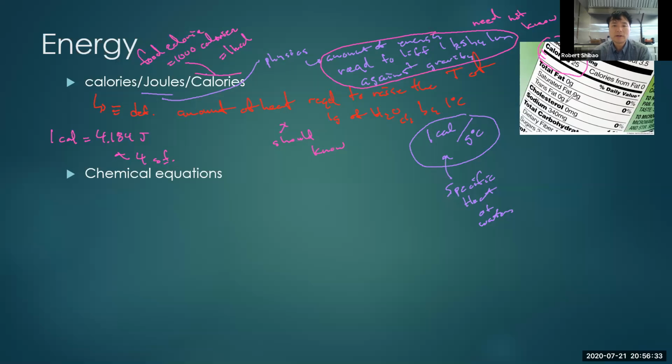So in chemical equations, we have two types of chemical equations. And we need the numbers here to show it. I didn't show it earlier, but let's look at methane combustion. Now, let's do a different color.